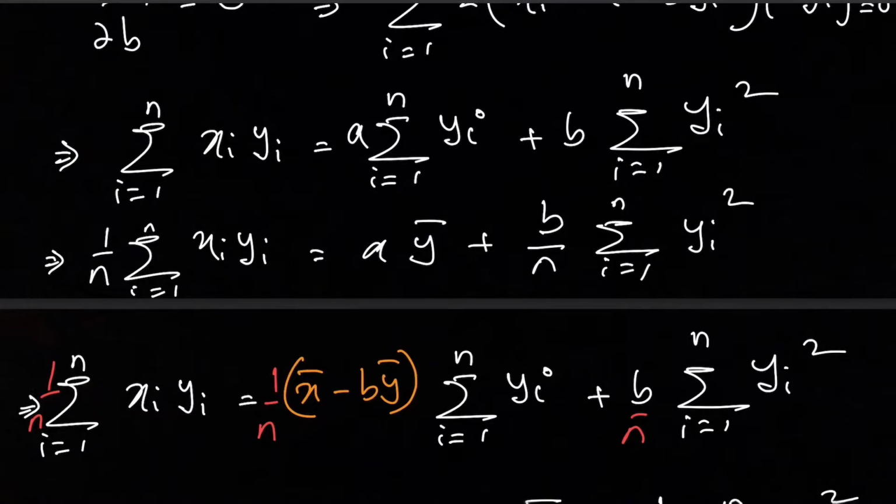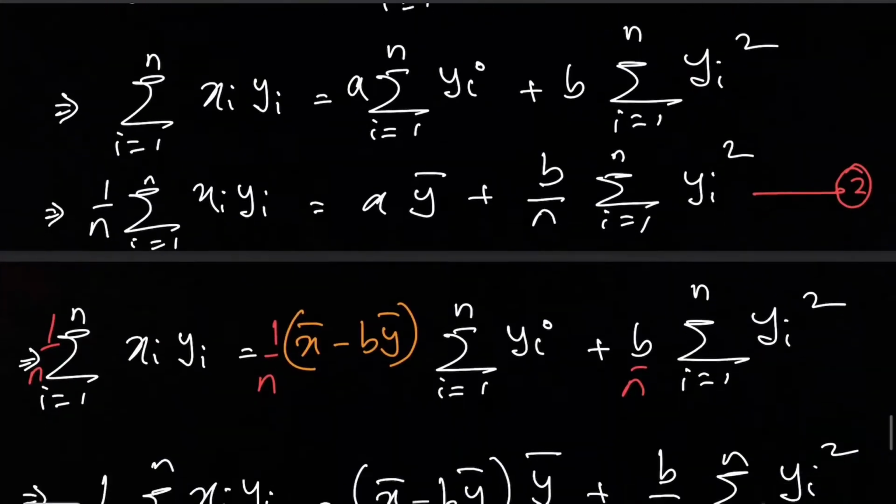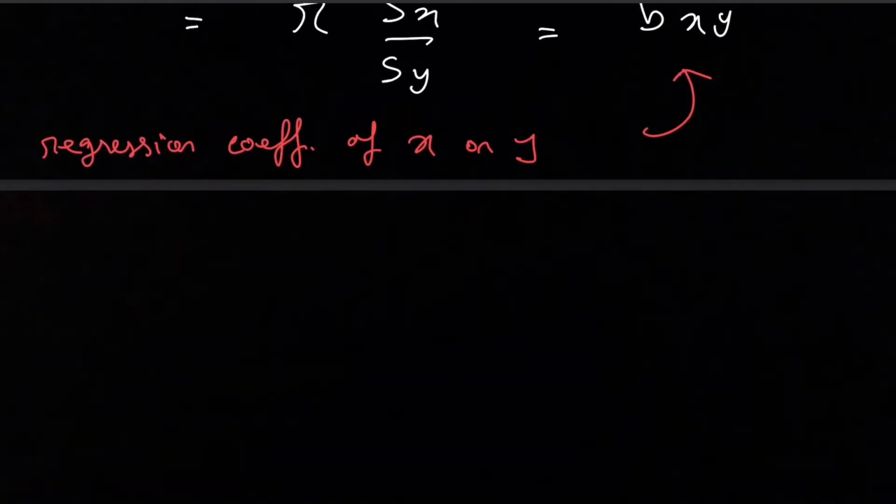You can also write it here as well. So this can be written as equation 2, and equations 1 and 2 are called the normal equations. So this is the regression coefficient of x on y.